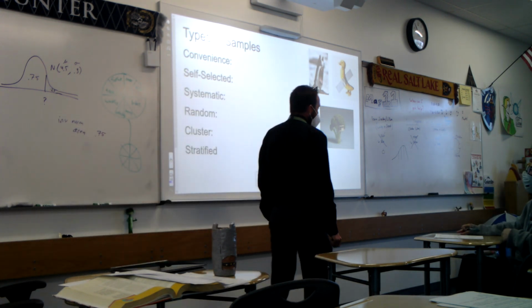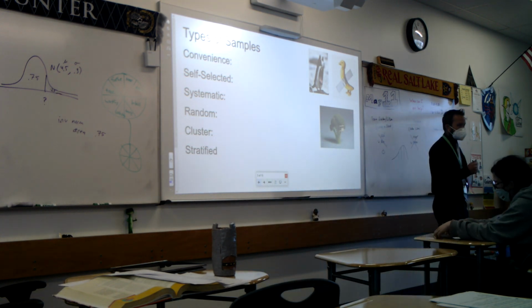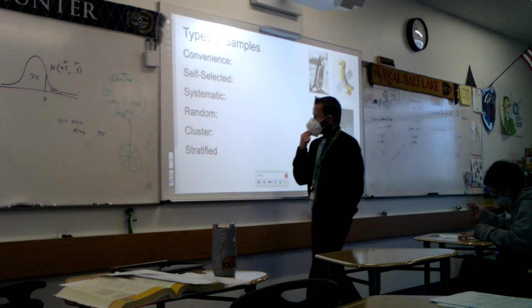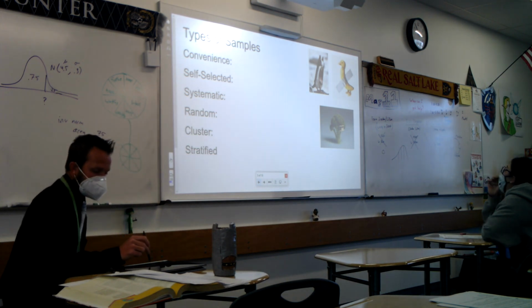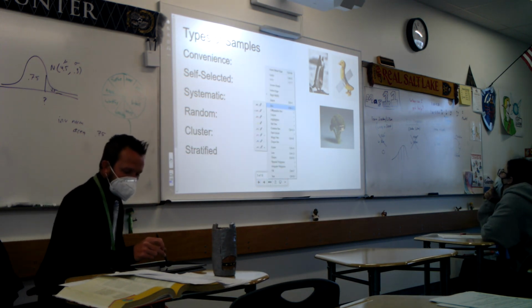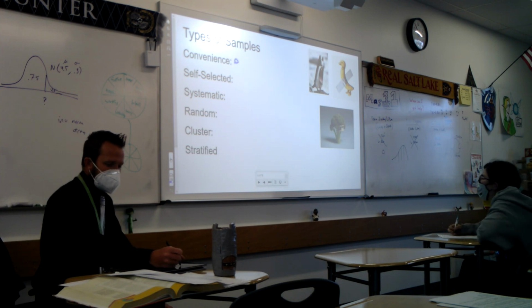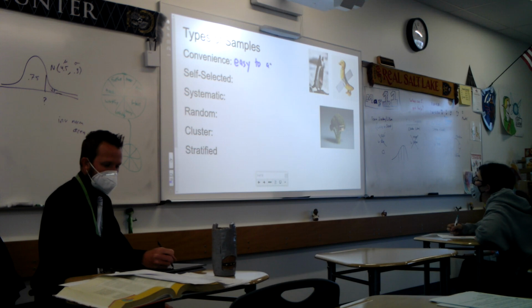So let's talk about the different ways that we can get a sample, because obviously that makes a difference. There are good ways and there are bad ways, and I'm going to give you some definitions and some examples here, okay? So a convenience sample, what does the word convenience mean? Easy. Good. And this is when we only ask people who are easy to access.